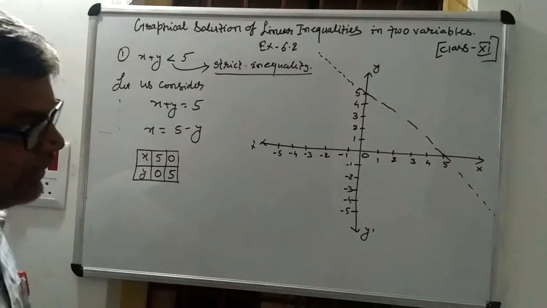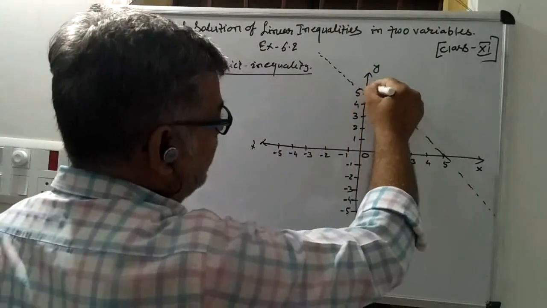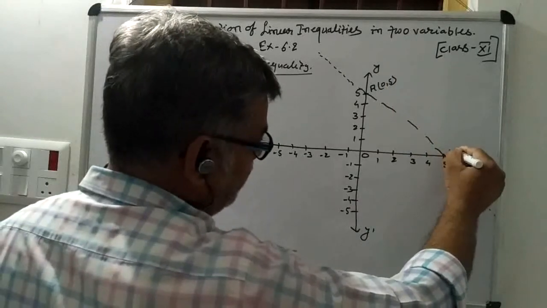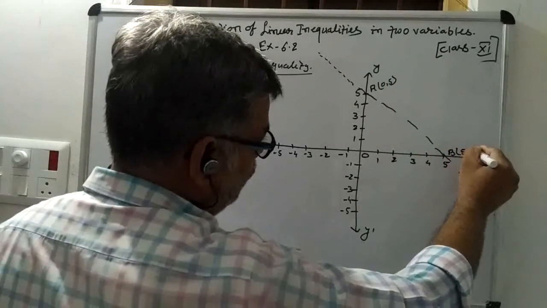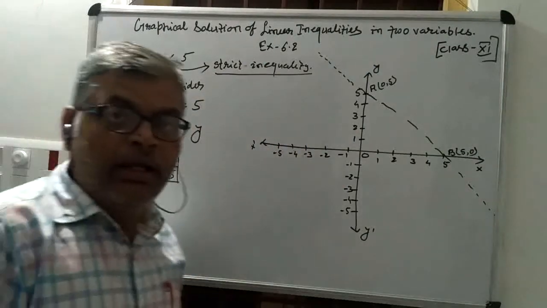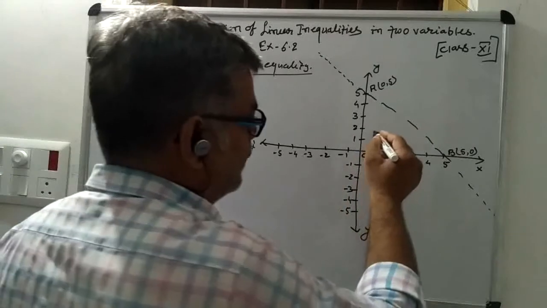So now this line, A(0,5) and B(5,0), divides the whole Cartesian plane in two halves. This is your first half.